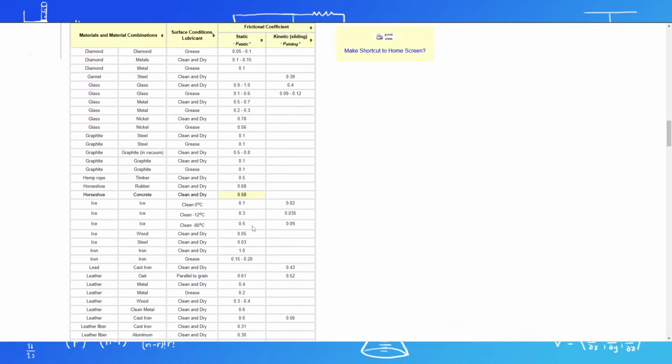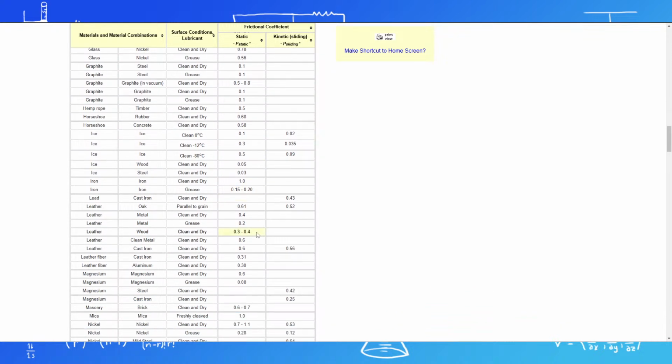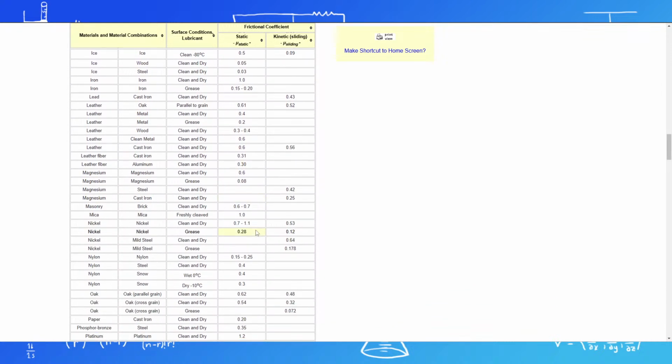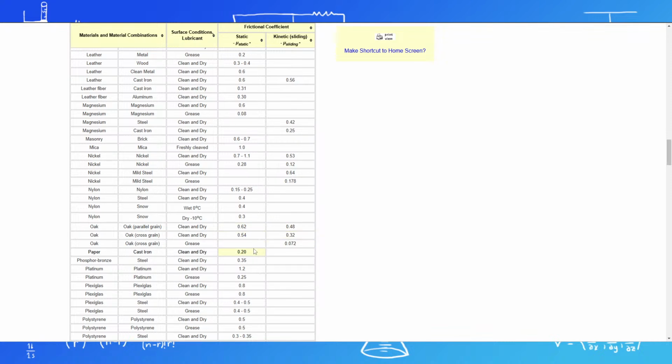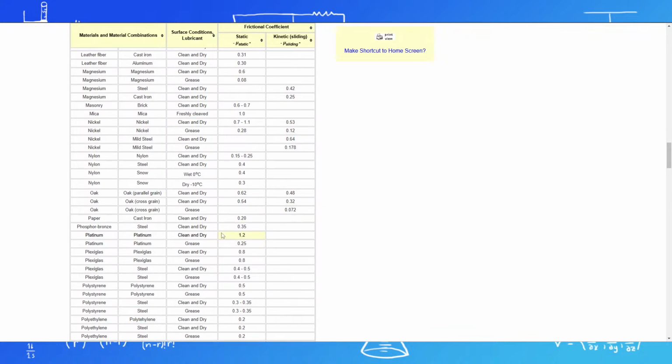Where was, I know there was one here, unless I'm thinking of the wrong chart. I know they had one here where the coefficient of friction was, yeah, here we go, platinum on platinum. Coefficient of friction is 1.2. So there is a common misconception, and I fell victim to this misconception too back in the day, unfortunately, but I learned there is this misconception that friction coefficients are always fractions less than 1.